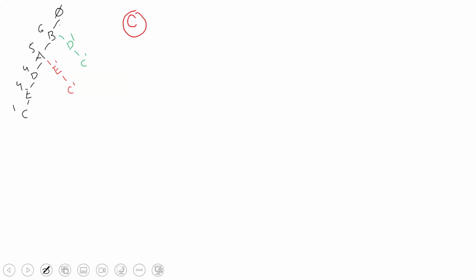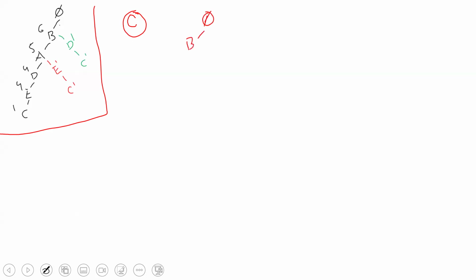So this is the actual prefix tree, right? Now we are trying to project the tree onto C. For that, ignore all other counts that you do have.